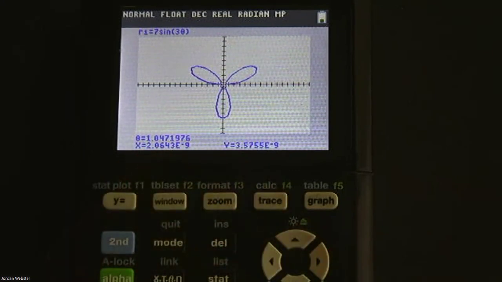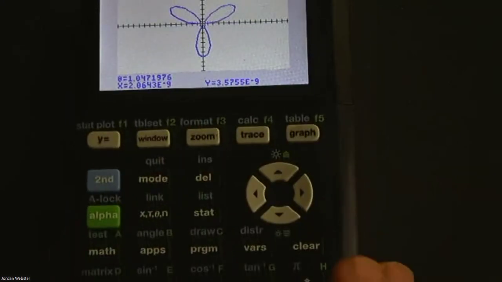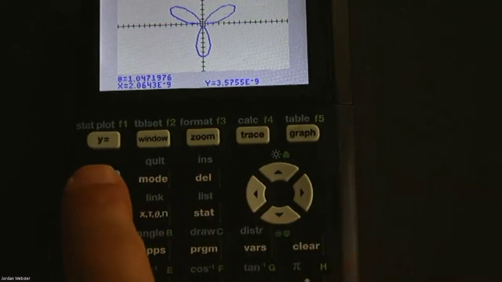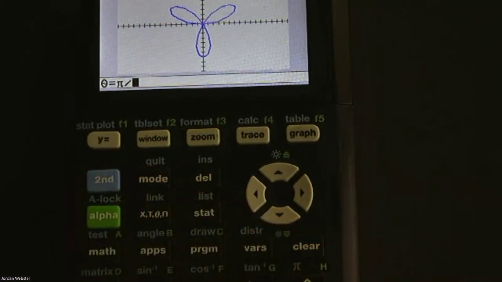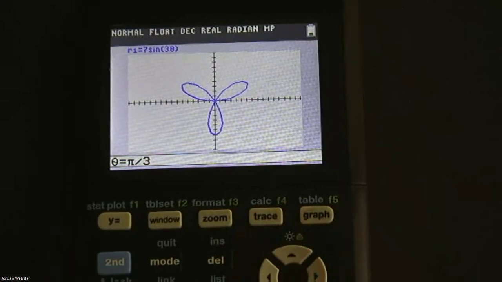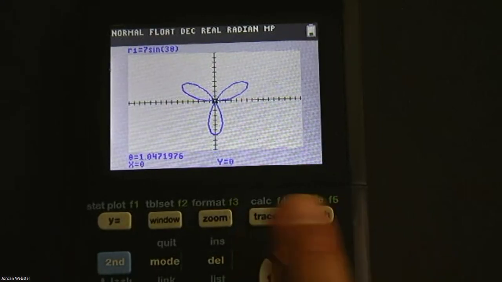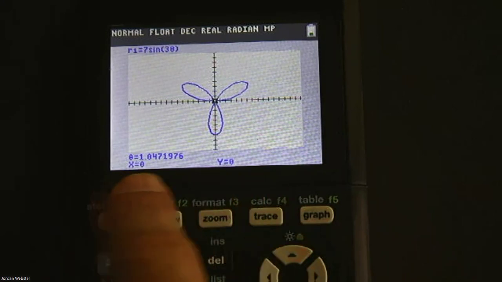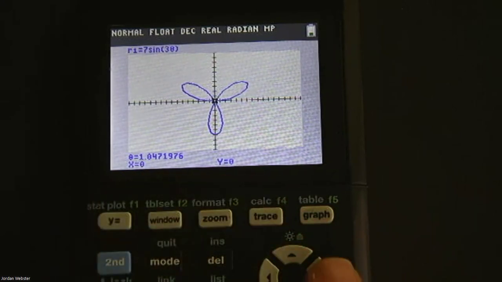Now I have an inclination that that's going to be pi over 3 because that looks like about a third of pi. If I want to confirm that inclination, all I have to do is type pi over 3 when I'm tracing, hit enter, and sure enough, that gives me my X and Y values.